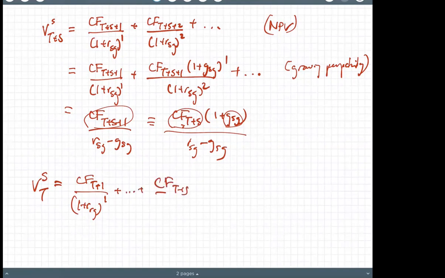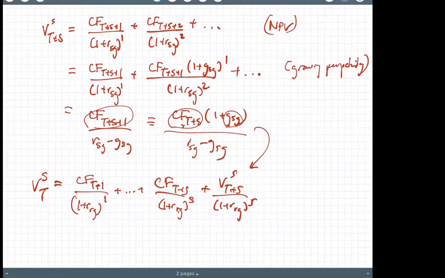This is just an NPV formula for s periods, because this is s periods after time t. And then I'm just assuming after this cash flow, the value of everything that's left would be given by this expression, which was obtained here. And then since that's s periods after time t as well, I just discount by RRG for s periods as well. Okay, so that's how I obtained those numbers.